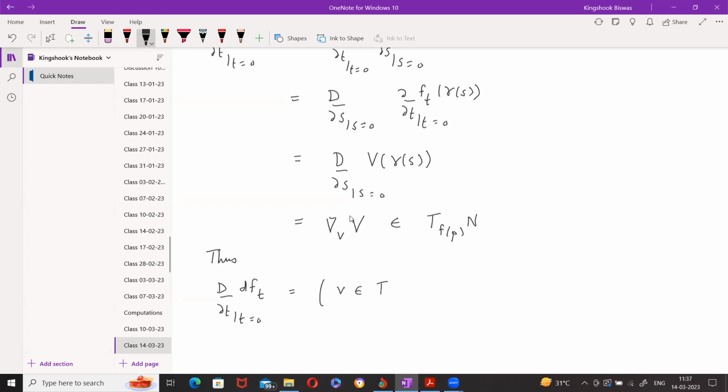So V in Tm goes to d del t at t equal to 0 of dftv. This is a linear map, right? This is in f star Tn. This linear map is the same as the linear map V in Tm goes to nabla sub little v of capital V, right?